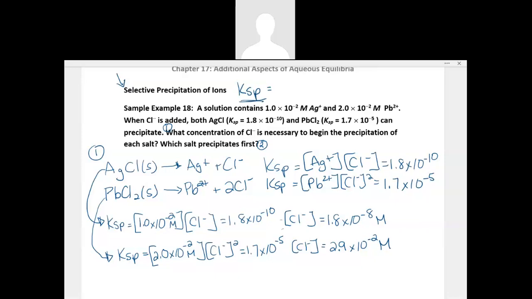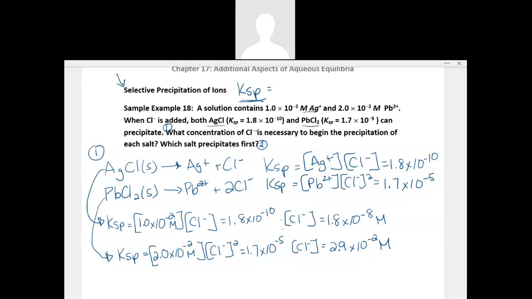So let's take a look at this question here, sample exercise 18. We have a solution that is 1.0 times 10 to the negative 2 molar in silver, and 2.0 times 10 to the negative 2 molar in lead 2. When chloride is added, both salts, the silver chloride and the lead chloride, will precipitate.